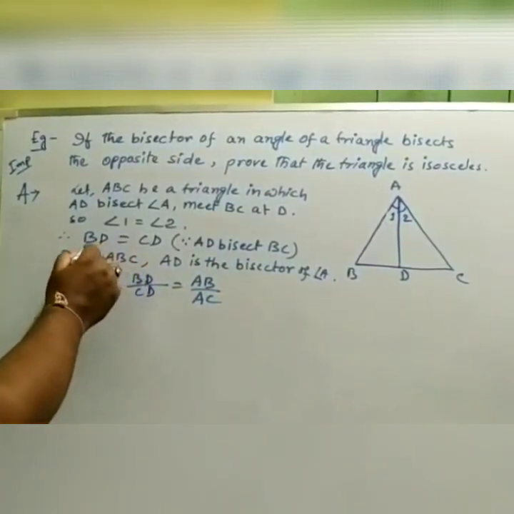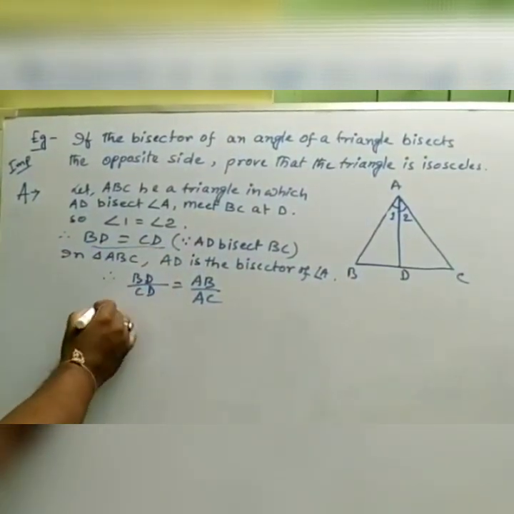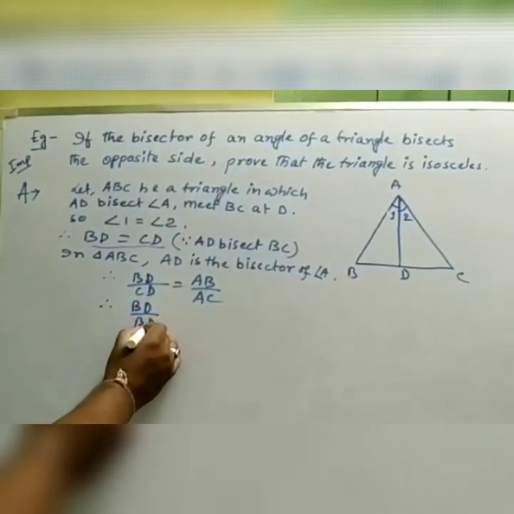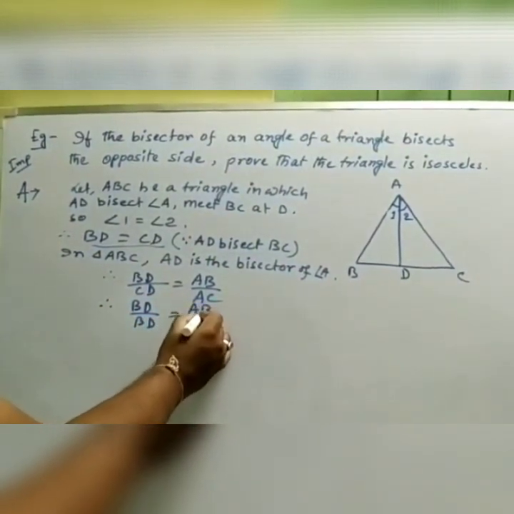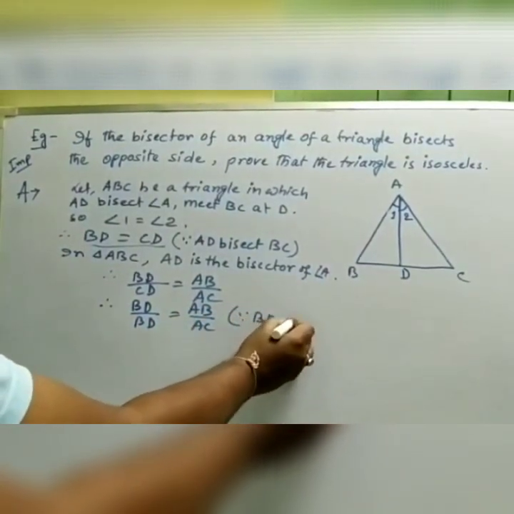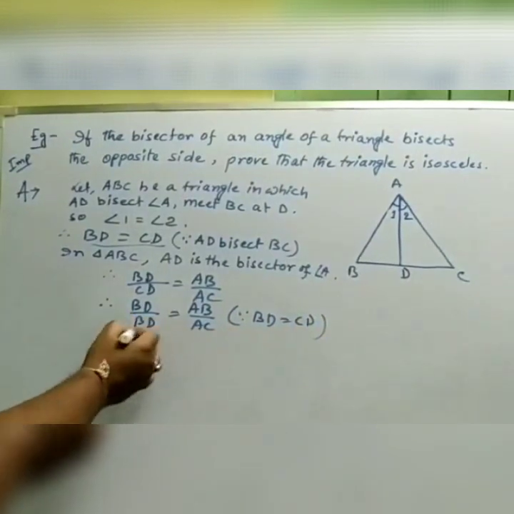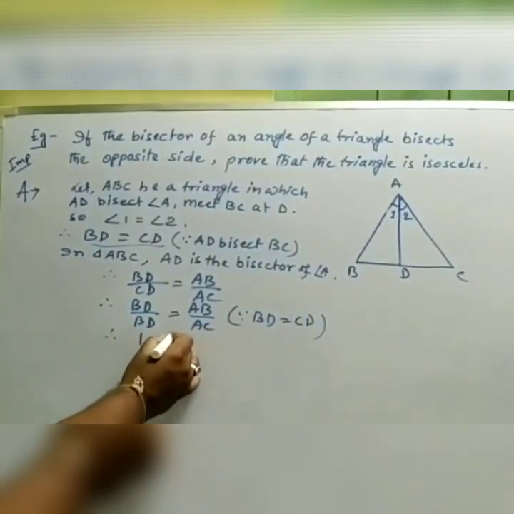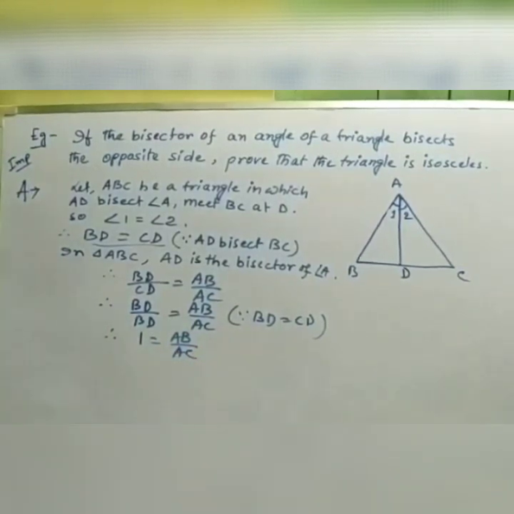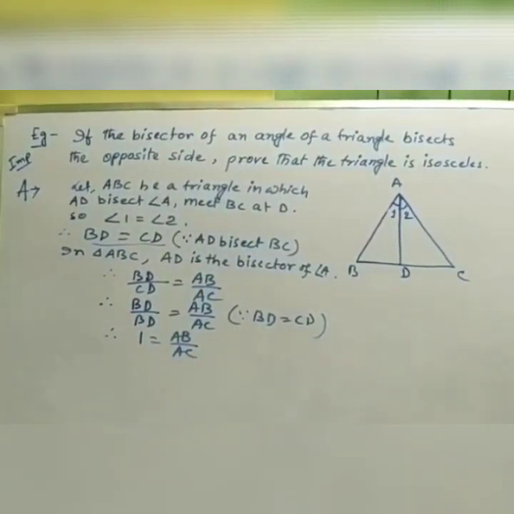Now you can see BD and CD are both equal, so we can replace CD with BD. That is BD by BD equals AB by AC, as BD equals CD. BD by BD gives 1, so 1 equals AB by AC.